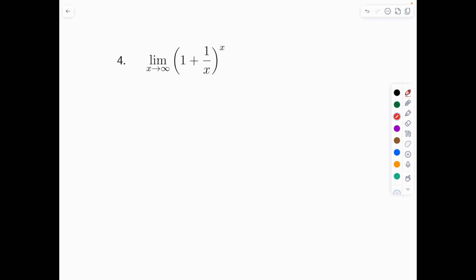And the way we're going to do this is we're going to do the same thing we did with the previous problem and do the natural log. Limit as x approaches infinity, natural log of (1 plus 1 over x) to the x. That means that's the limit as x approaches infinity of x times the natural log.